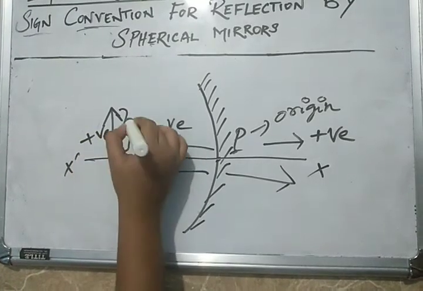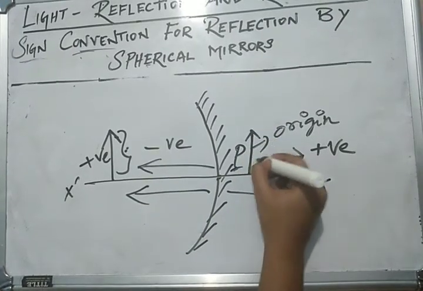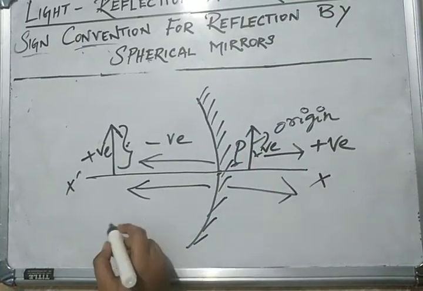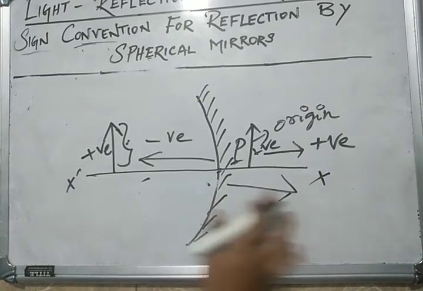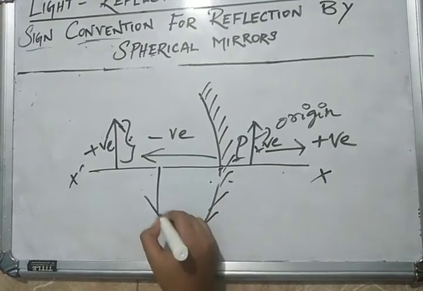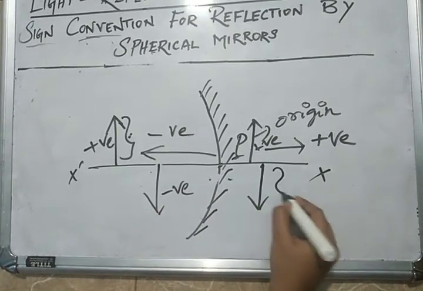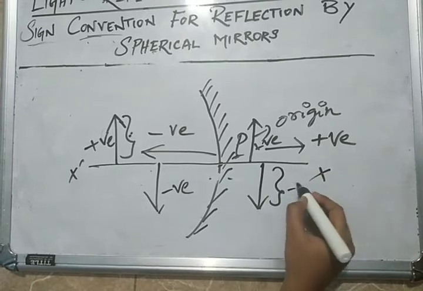This height is positive. Even if it is here, this height will be positive. Then if it is below the principal axis, what will the height be? This is negative. Even if it lies over here, this specific height will be negative.